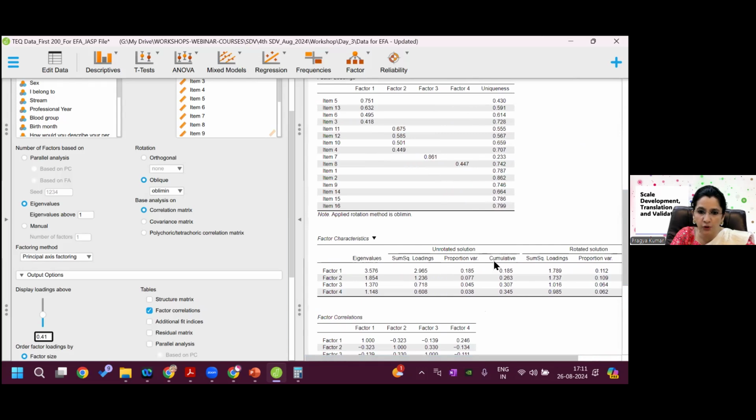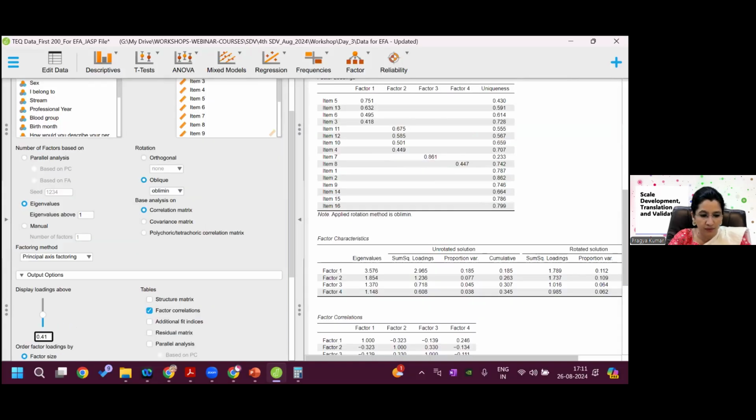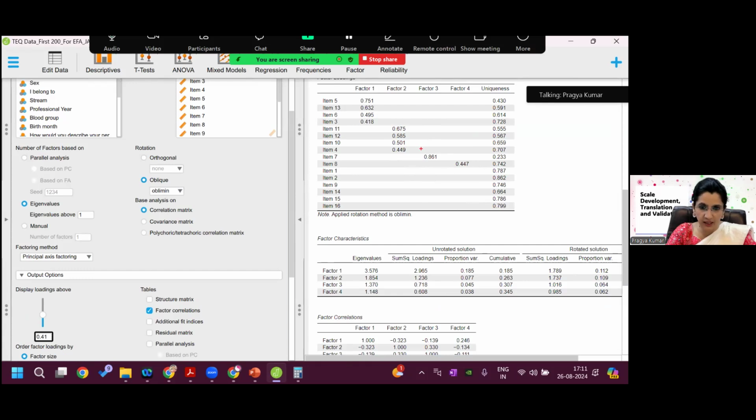But you will not accept factor 4 and 3. Can someone say why? Why will we not accept factor 4 and 3 here? Because in factor 3, if you see, there is only a single item. In factor 4 also there is only a single item.